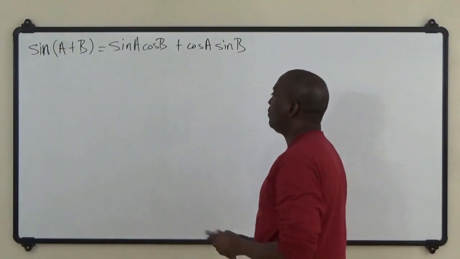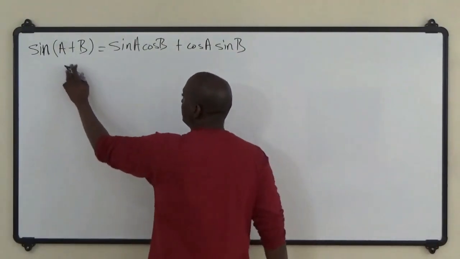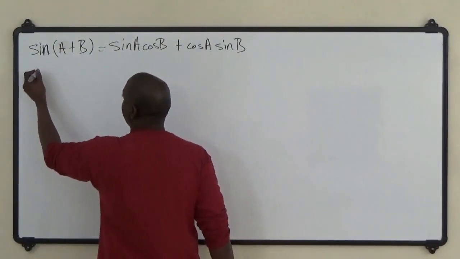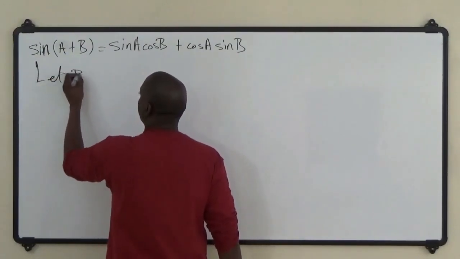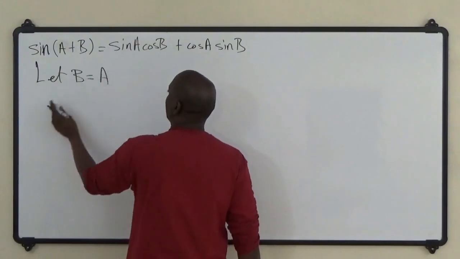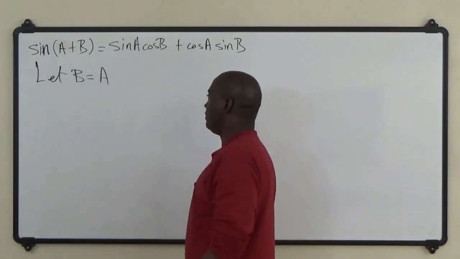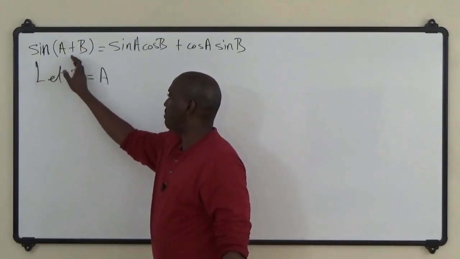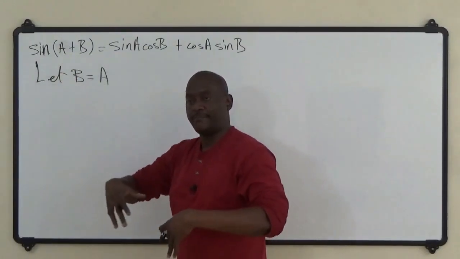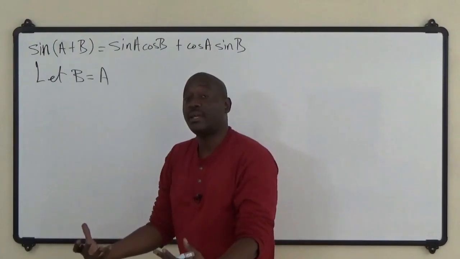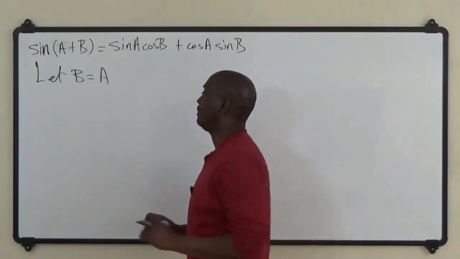All right? So using sine of A plus B, your first line would be to let B equal A. So in other words, instead of sine A plus B, you're now looking to find sine of A plus A. So you express 2A as A plus A. All right?